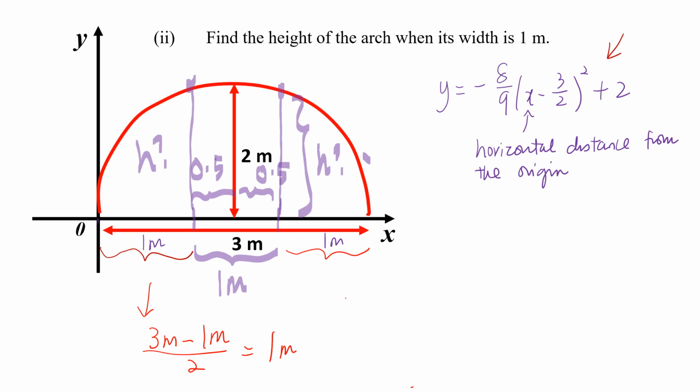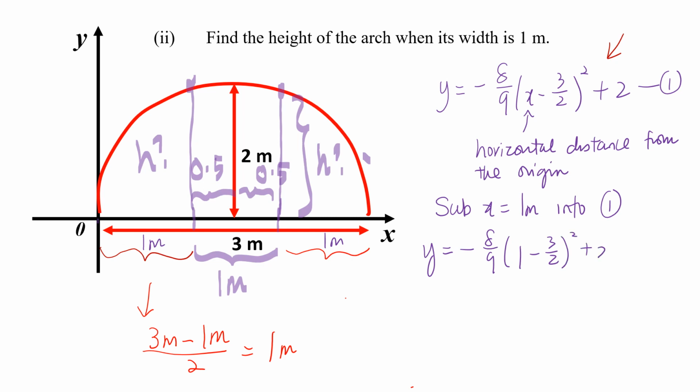Hence, you substitute x equals 1 meter into equation 1 to find your y, where y is the height of the arch. So y is equal to negative 8 over 9 times (1 minus 3 over 2) squared plus 2.